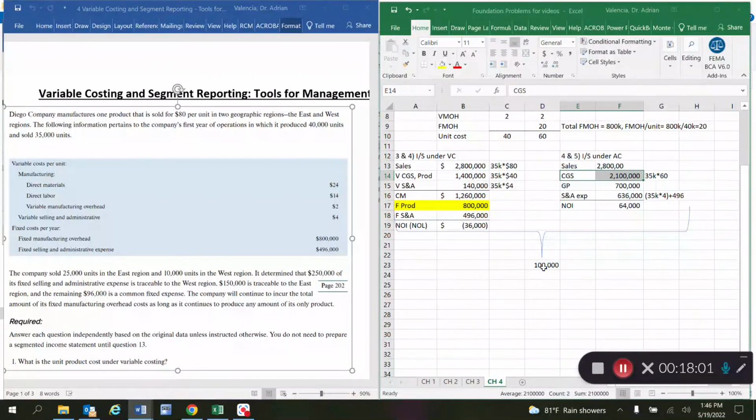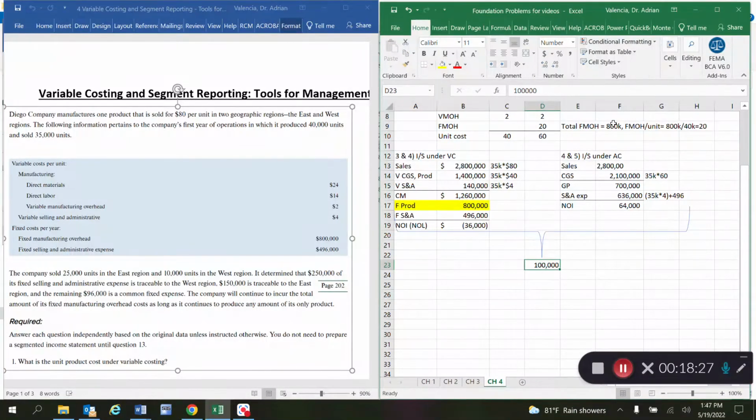Okay, so let me repeat that again. The 5,000 extra units that I made that are currently in inventory, they're not in cost of goods sold, those are keeping part of this. See, each unit we make, we assigned $20 of fixed manufacturing overhead to each one of those units based on the 800,000. Well, if you do variable costing, you expense it all.